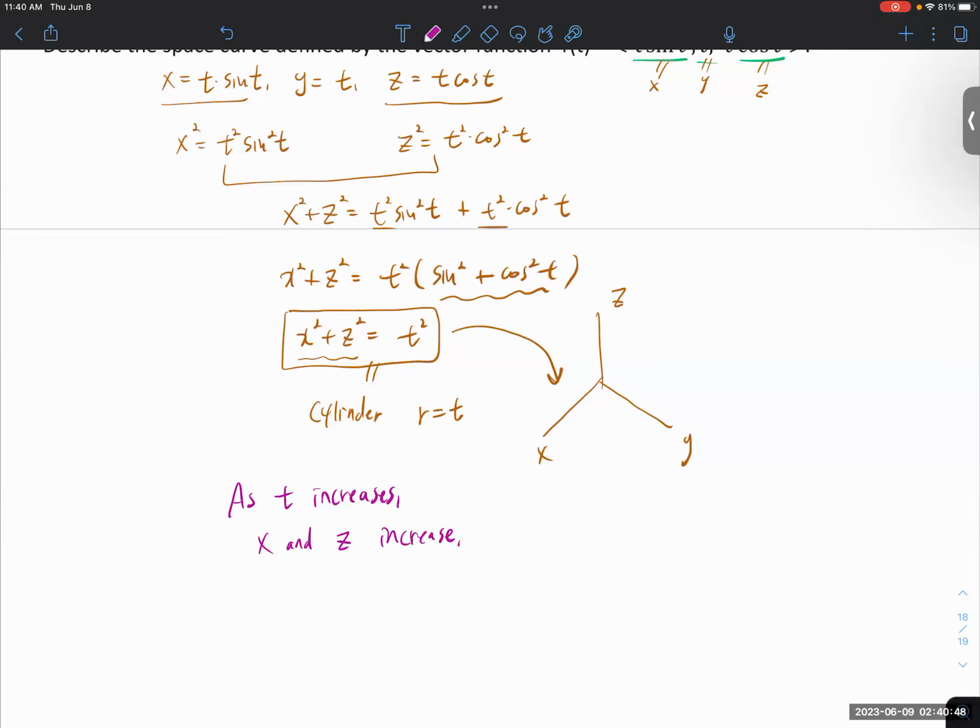So think about it. As T increases, the radius is getting larger and larger. X and Z are getting larger and larger. So this is kind of like the shape you can imagine. It's not exactly a cylinder.